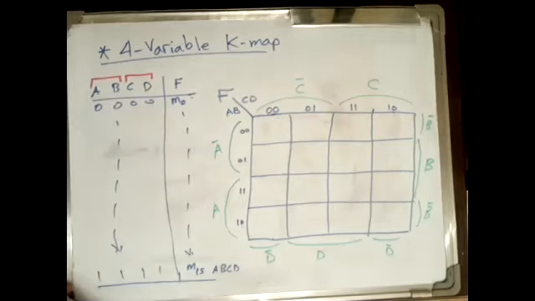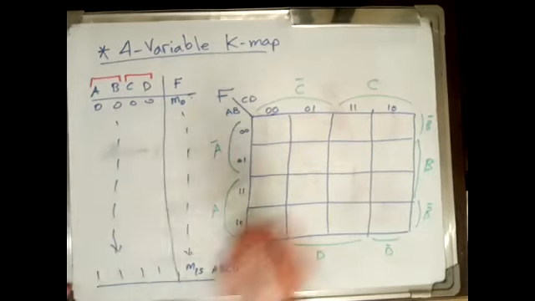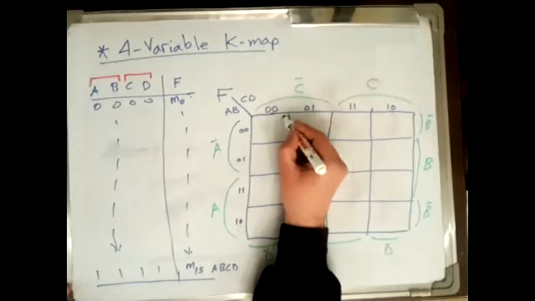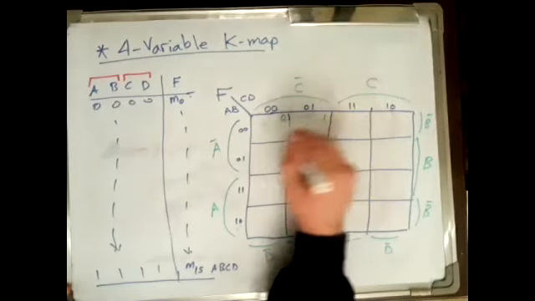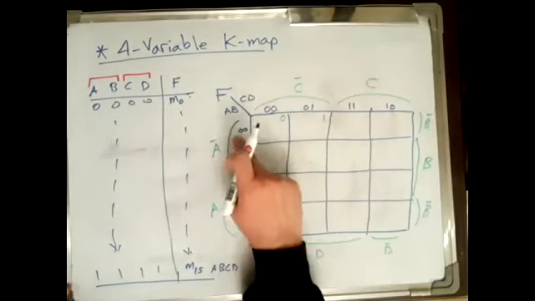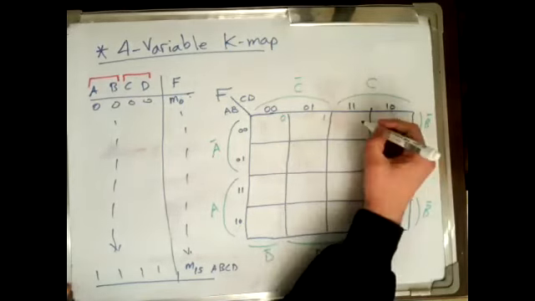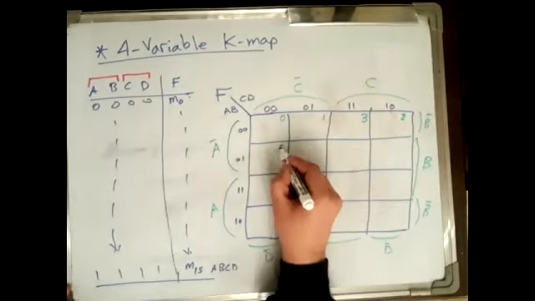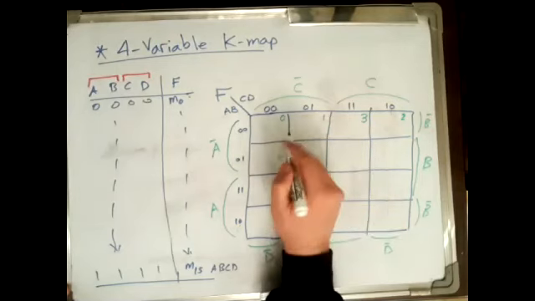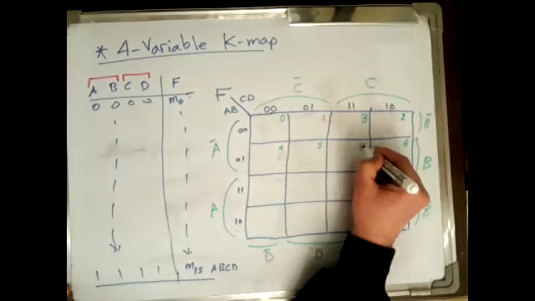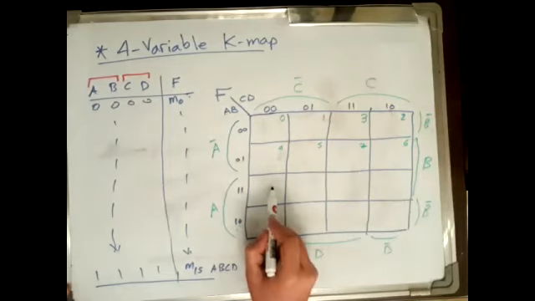Where are the minterms? Straightforward. This square, it is 0, 0, 0, 0. So it is minterm 0. Minterm 1, 0, 0, 0, 1. For this one, it is 0, 0, 1, 1, which is 3, then 2. This will be 4, 5, 6, 7. Now, where is 8?